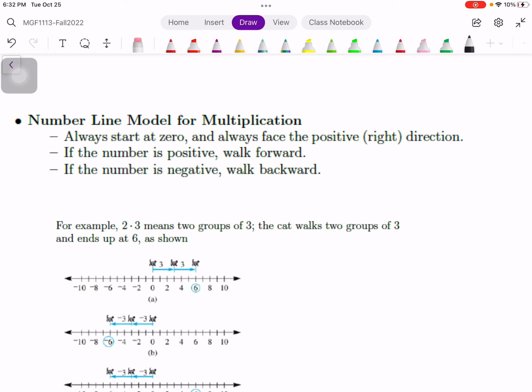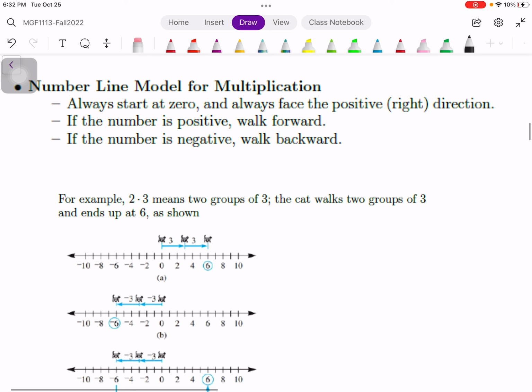Now, multiplication here, 2 times 3, means we're going to move twice 3 to the right, right? Twice positive 3 means we're moving to the right. So this is the representation of 2 times 3, the first number line. We're moving twice 3 units to the right.